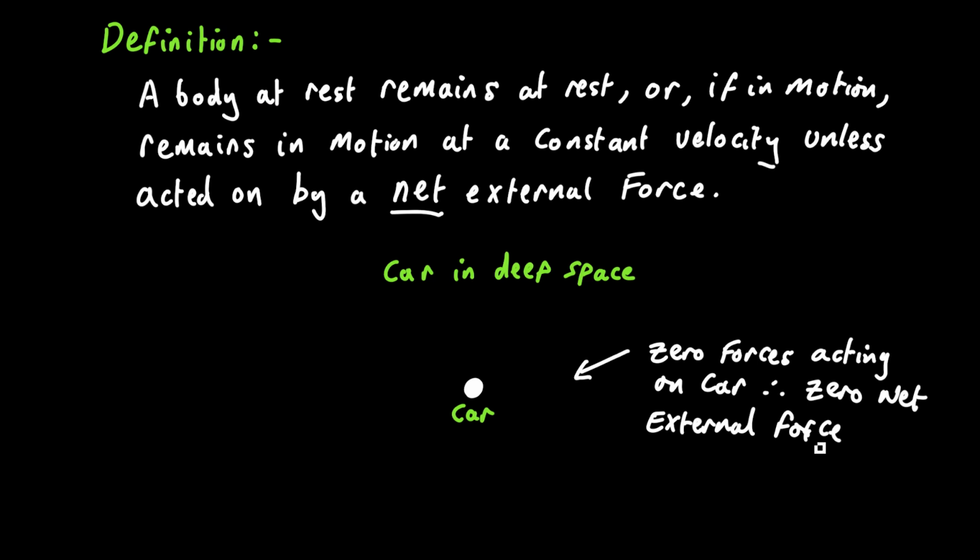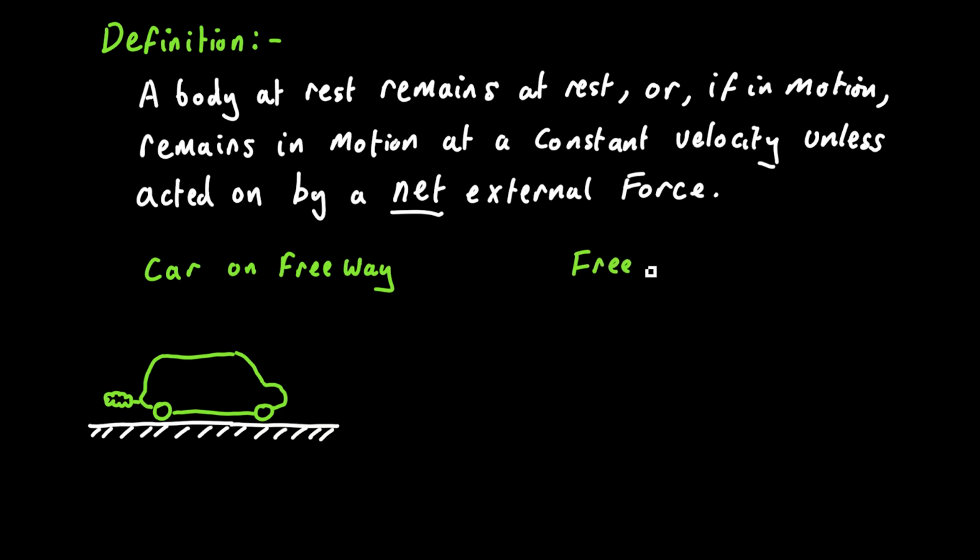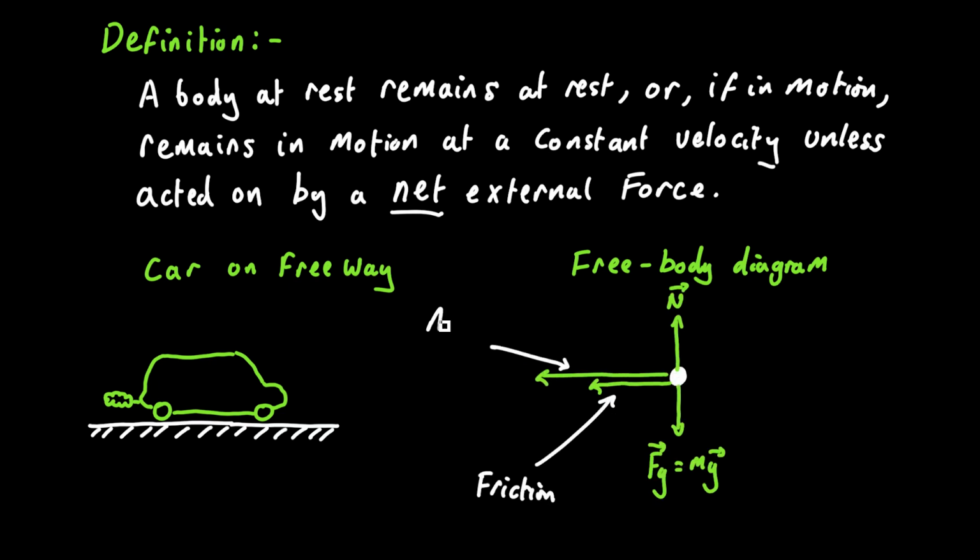But if we come back to Earth and have a look at our car example, driving along the freeway, if you're driving at a constant speed and you lift your foot off the accelerator, you'll start to slow down. That's because there's a net external force acting on your car, and we can see this in the free body diagram here.